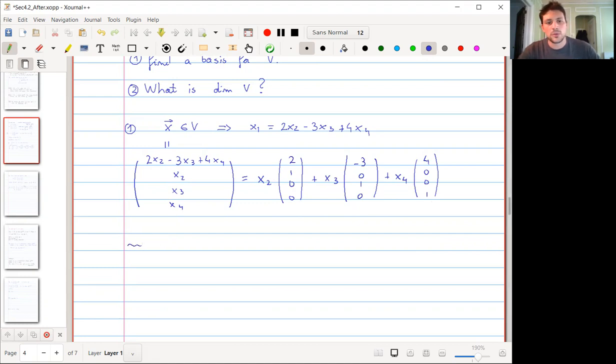In other words, what we wrote is that V is the span of 2, 1, 0, 0, minus 3, 0, 1, 0, and 4, 0, 0, 1. Writing V as the span of these tells us that these are a generating set.